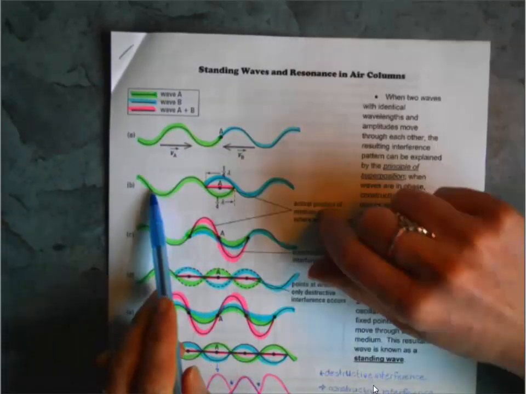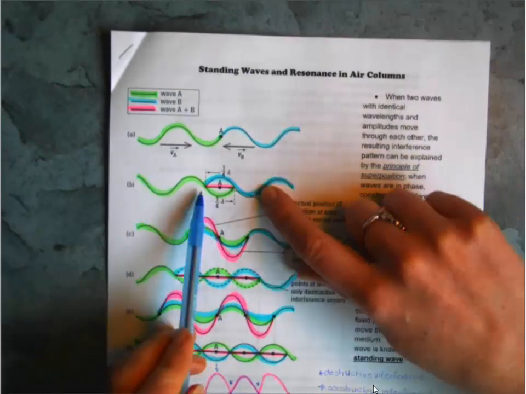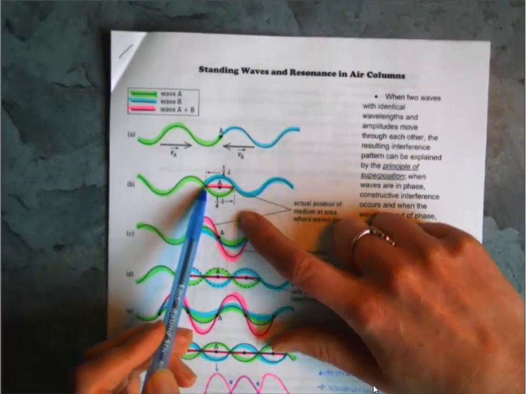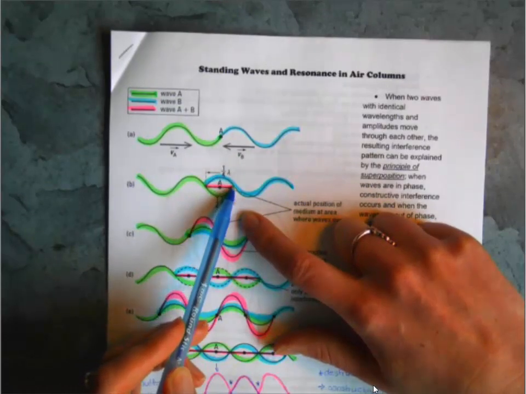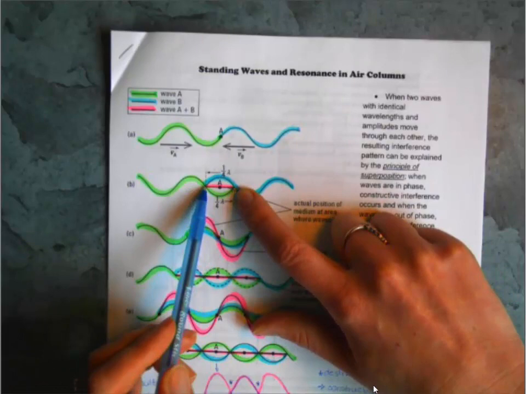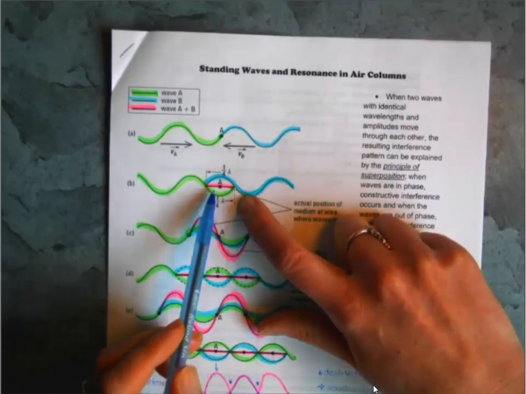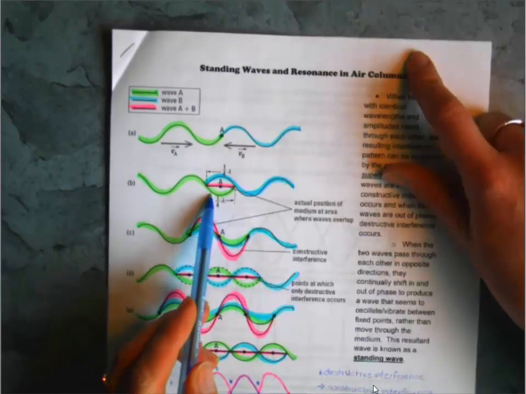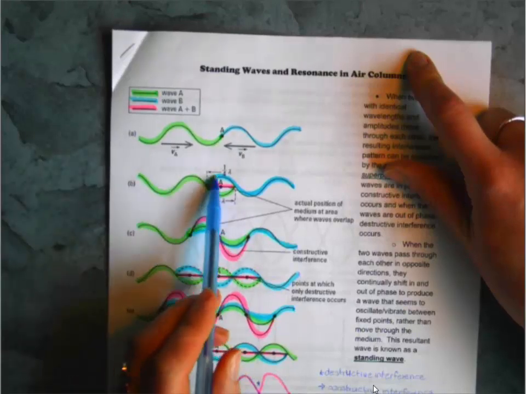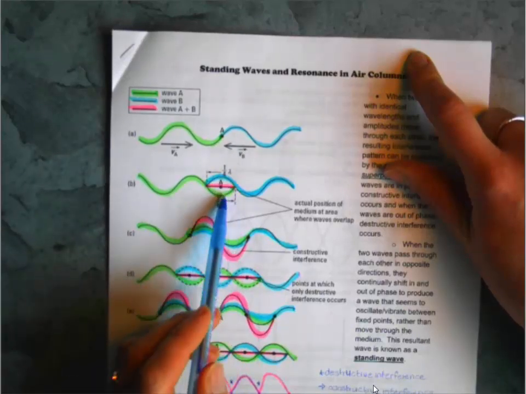Right now, when these two waves are coming towards each other, we're basically a quarter of a wavelength past on either side, and what we see here is that the trough of wave A and the crest of wave B are lined up with each other.